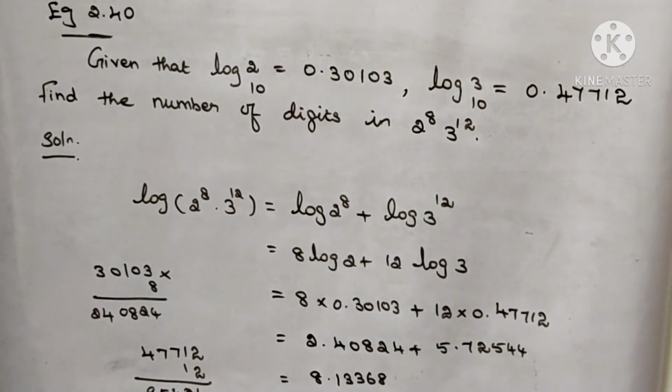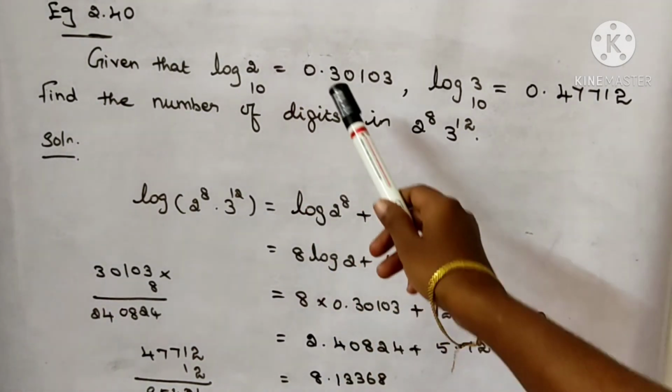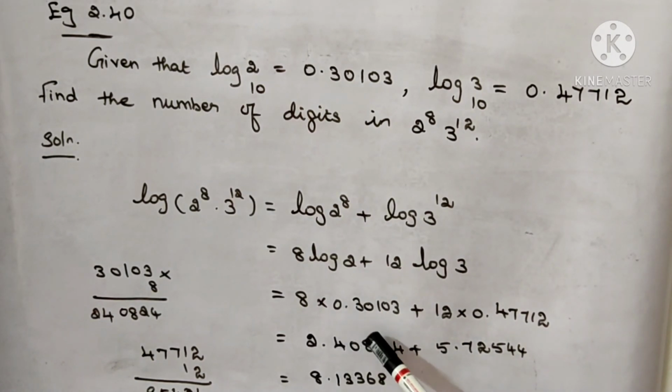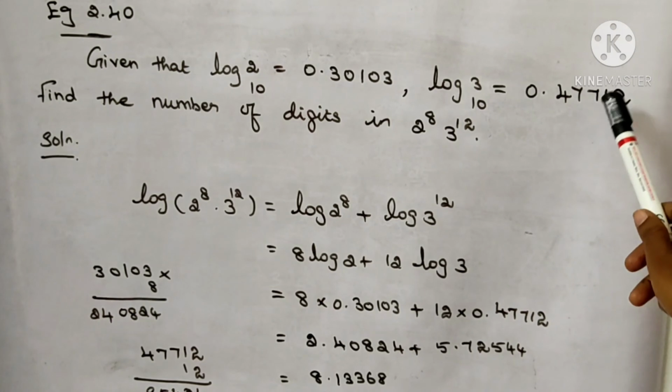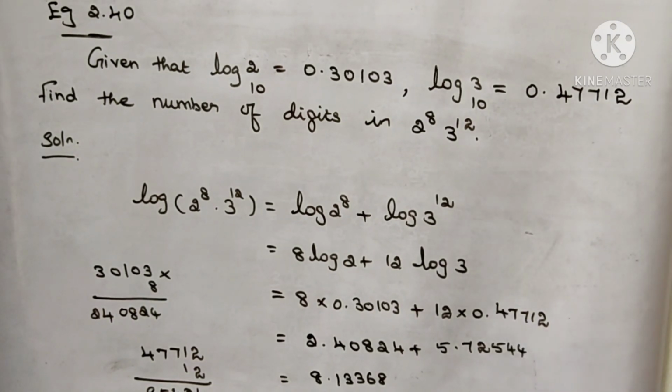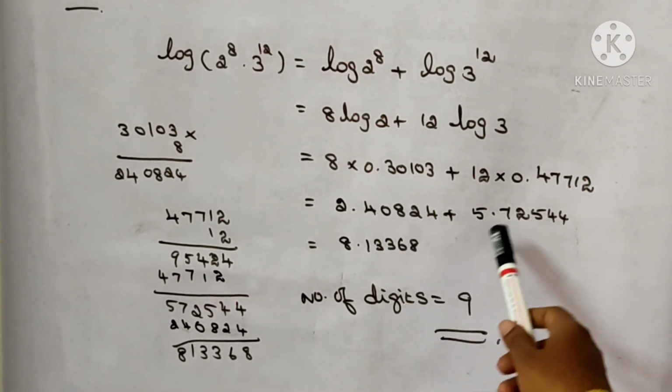This is the common logarithm value, log 2 to the base 10. Here we substitute the value 0.30103 plus 12 into the log 3 value also given in your question. You substitute the value, 12 into 0.47712. So the product of these two terms is 2.40824 plus the product of these two terms is 5.72544. We add these two numbers.